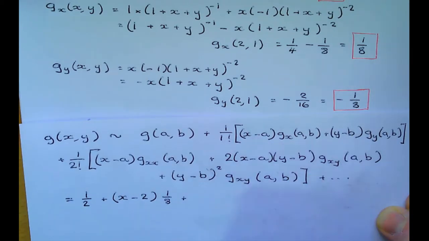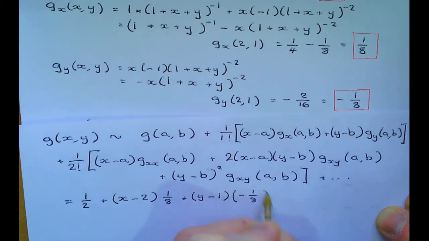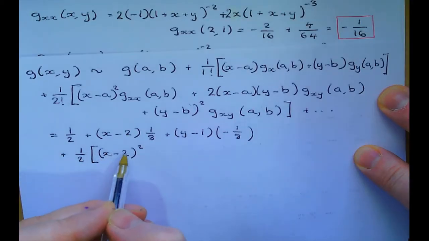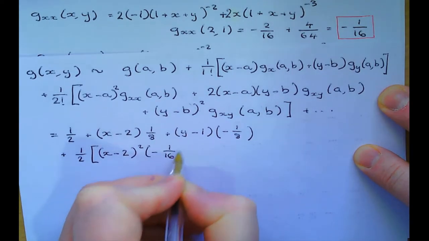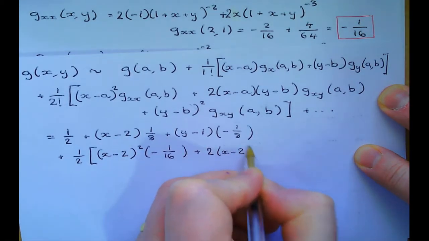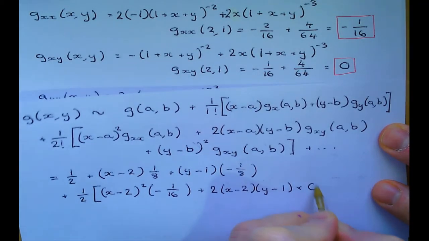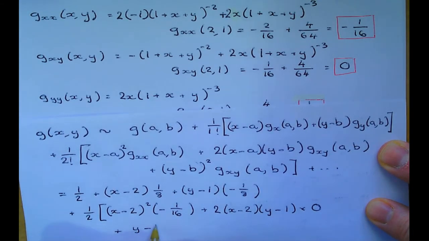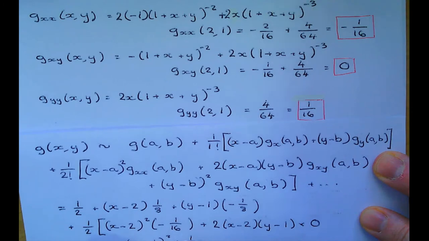We have y minus 1 times minus 1/8. So that's the first order terms. 1/2 x minus 2 all squared times minus 1 over 16 plus 2 times x minus 2 times y minus 1 times 0 plus y minus 1 all squared times 1 over 16.